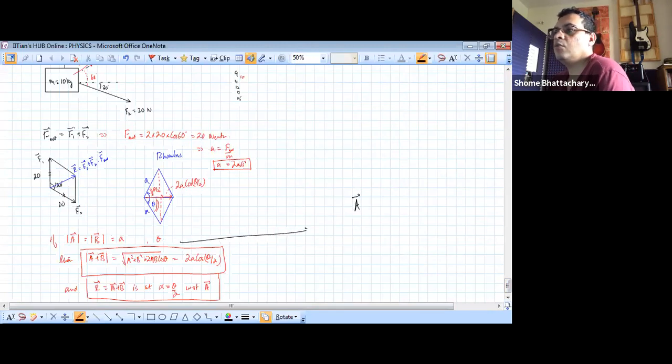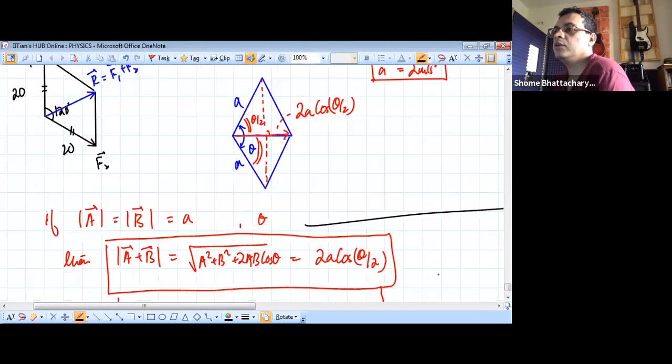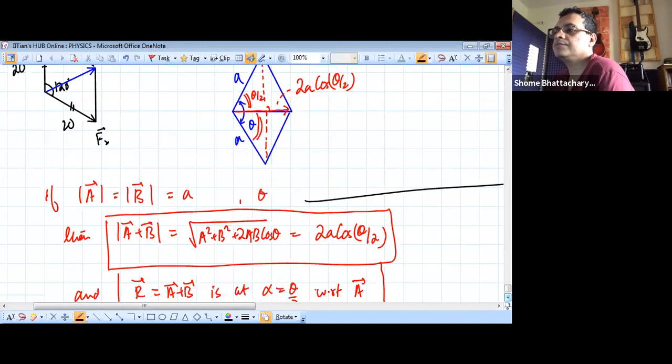When this situation happens, that mod A is equal to mod B, the vector parallelogram becomes a rhombus. So that rhombus has these properties. Just to recall that for a moment, because it's quite important when it comes to applications.